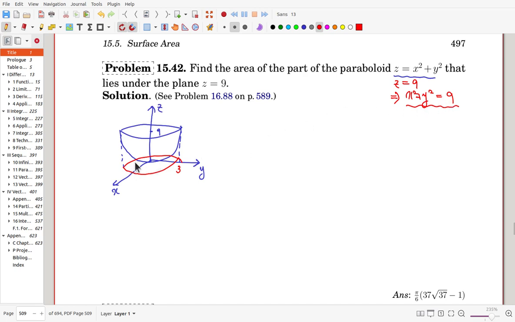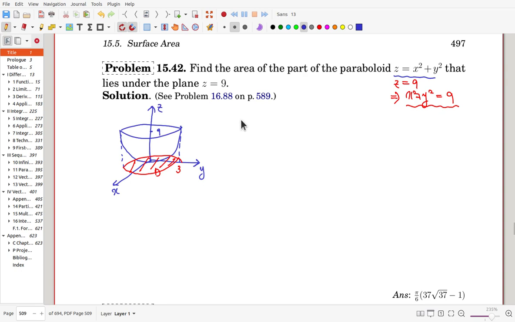Okay, so that is the bottom. So we may consider the surface area is defined over D, and the function is now x squared plus y squared. From this observation, we now have almost everything.